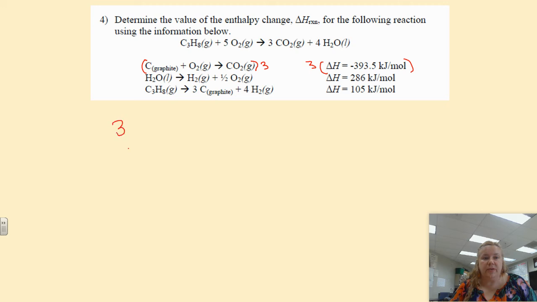So we're going to have 3C plus 3O2 yields 3CO2. And if we multiply our delta H by 3, we get 393.5 times 3.